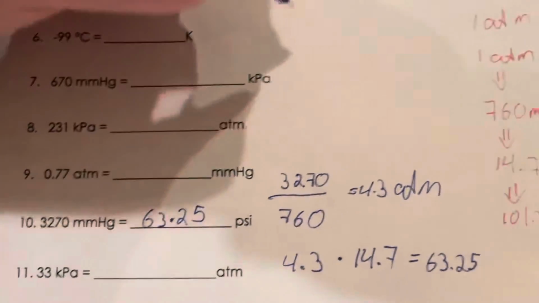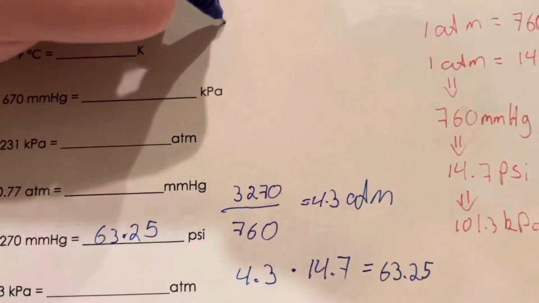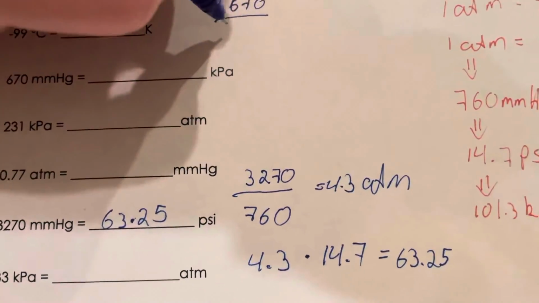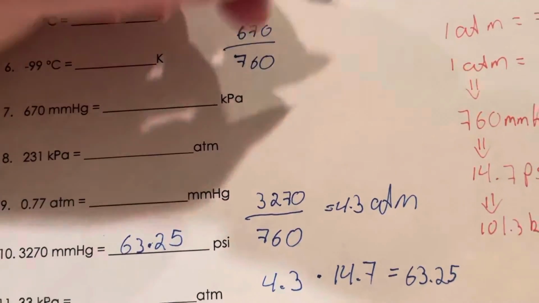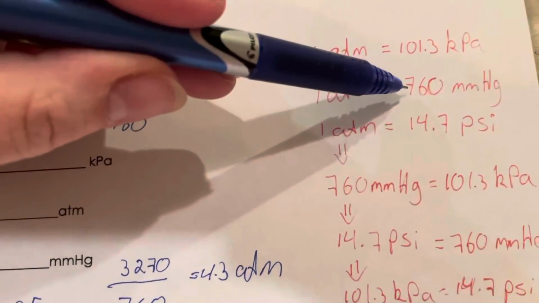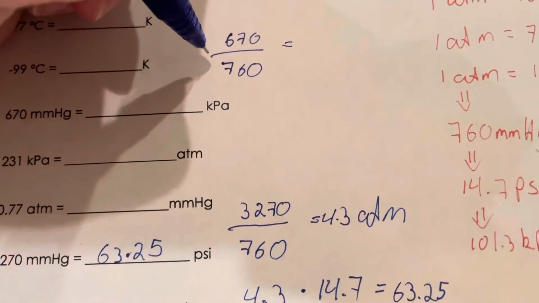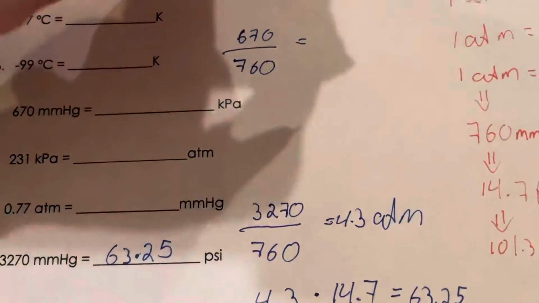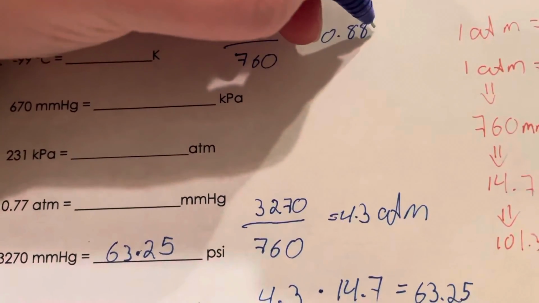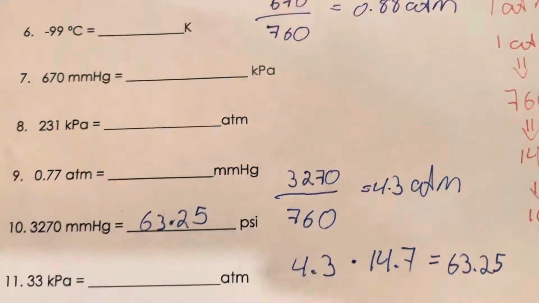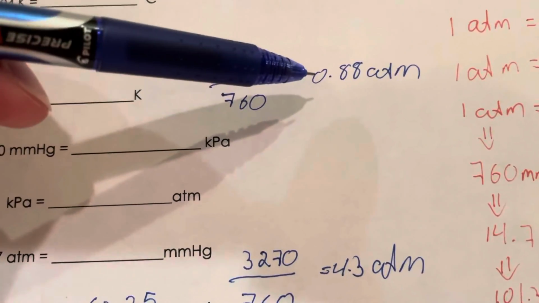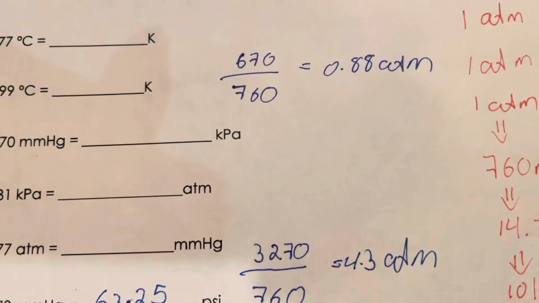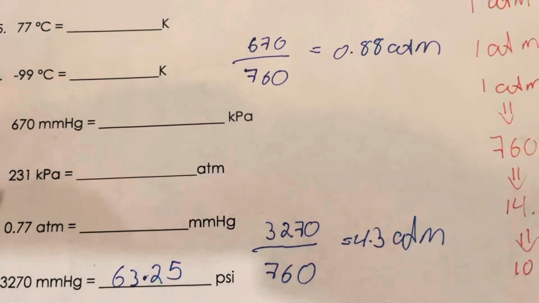So it's a little bit of a trick question, but still I need to make my 670 in mercury into atmosphere, so I divide it by 760 to get my answer in atmosphere, and I'm going to get 0.88 atmosphere. So now I know 670 equals 0.88 atmosphere.